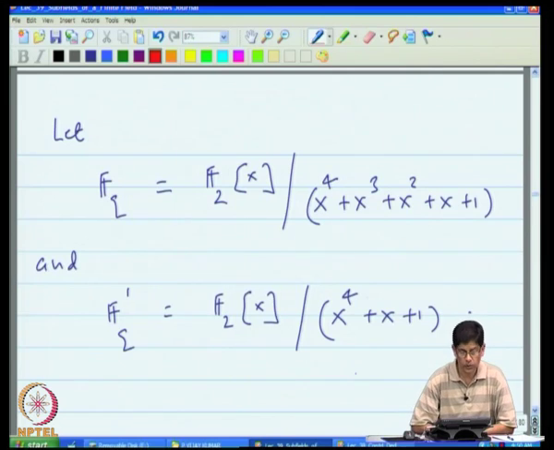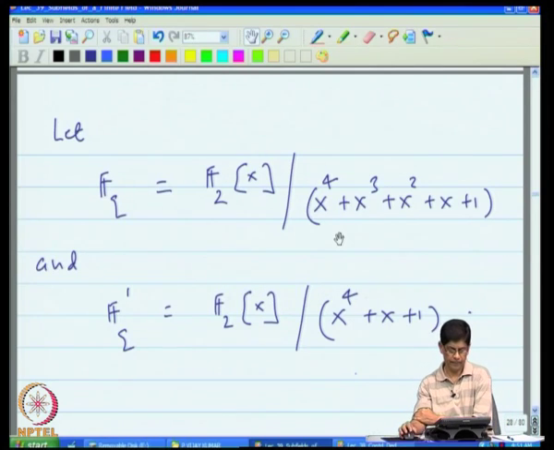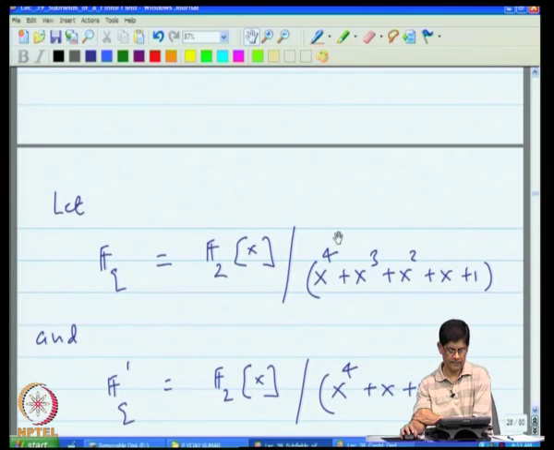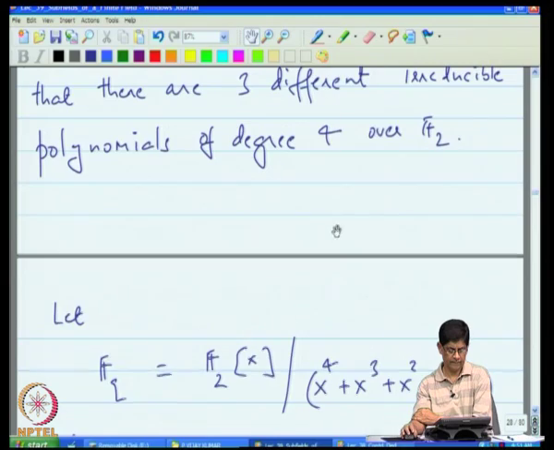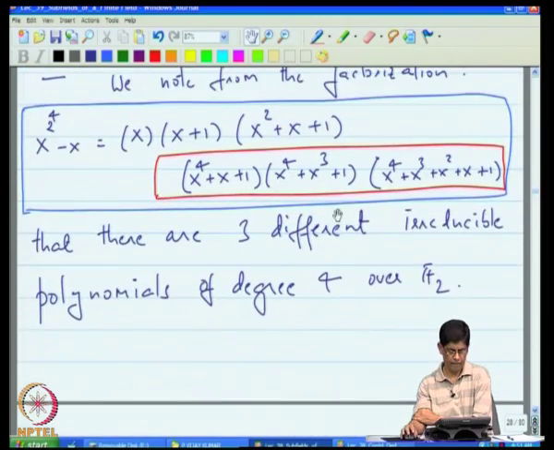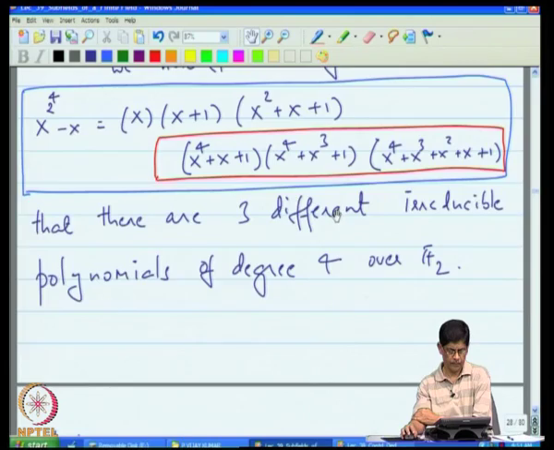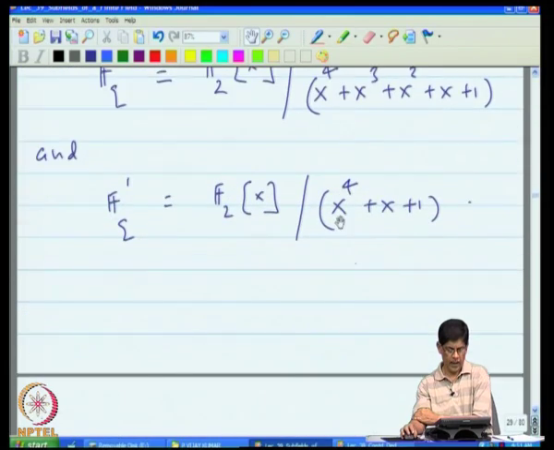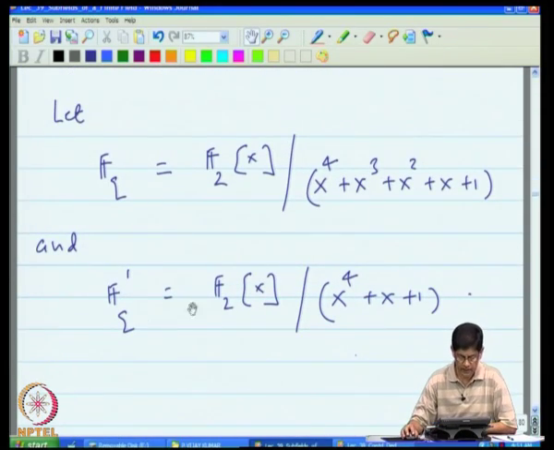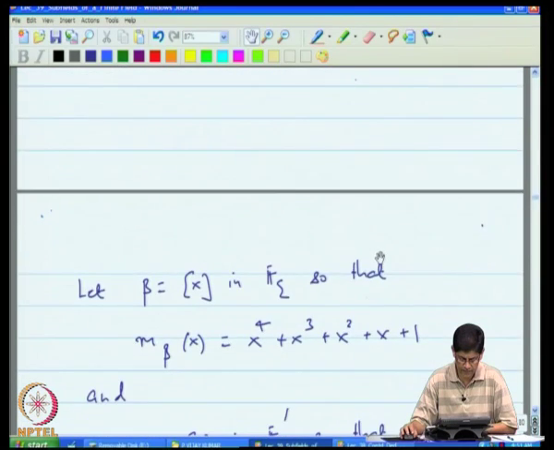Now we want to show that the two fields are isomorphic, and it will help us if we regard these fields in the following way, that is F q is F 2 of x modulo a certain polynomial, and F q prime for example could be F 2 of x modulo x 4 plus x plus 1. Anyway, there are these two finite fields, let us say.